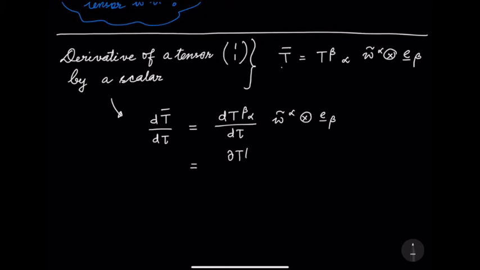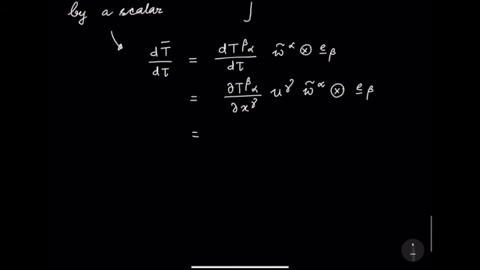However, this I can do a trick, so I can consider this derivative with respect to some x gamma, and then I get a dx gamma d tau here, which is nothing but u gamma. The interesting thing to notice here is that this becomes a derivative along a curve defined by u gamma, which is what we were talking about earlier.